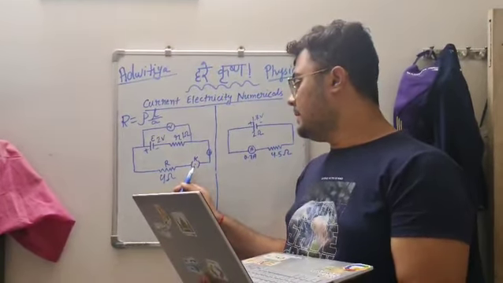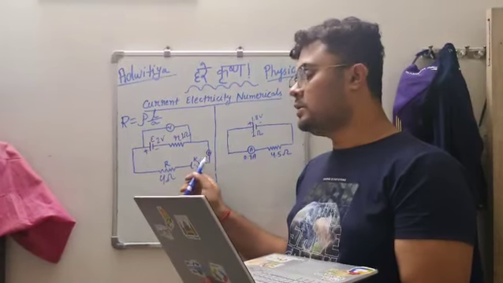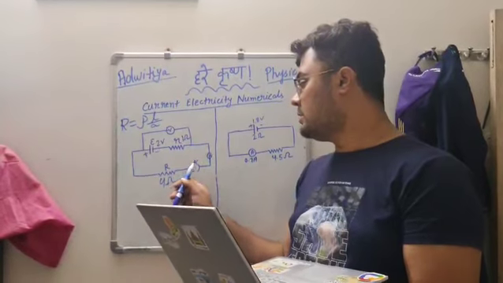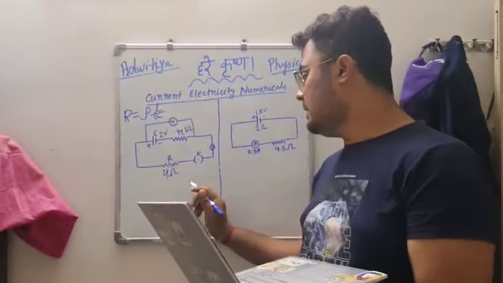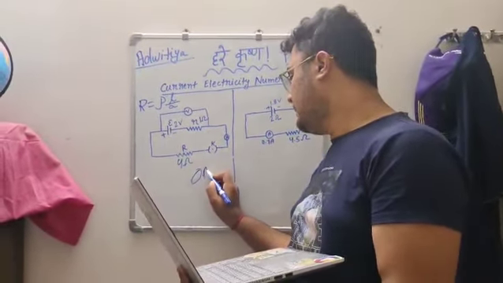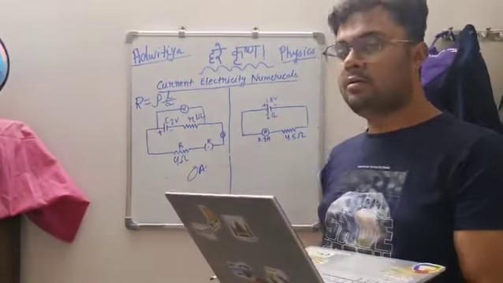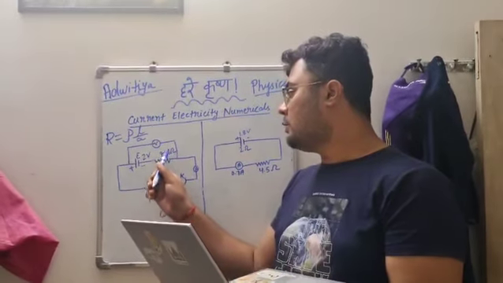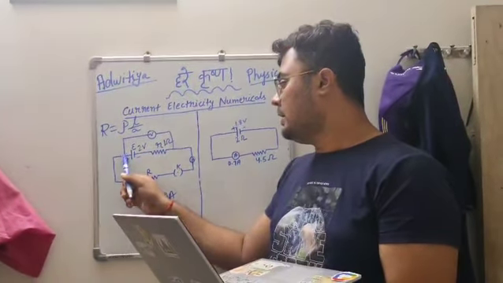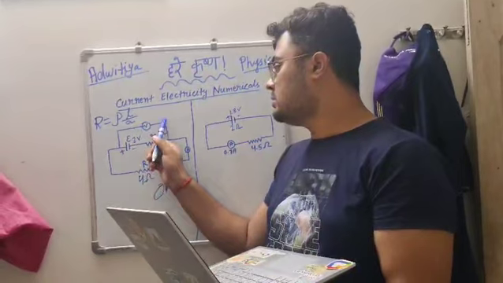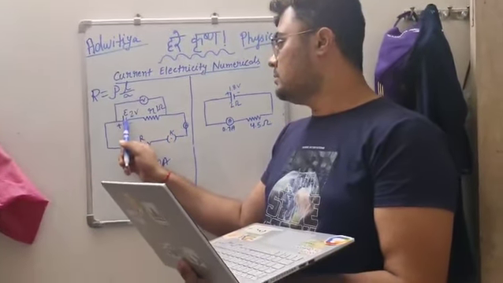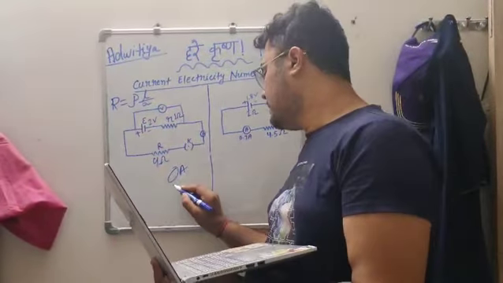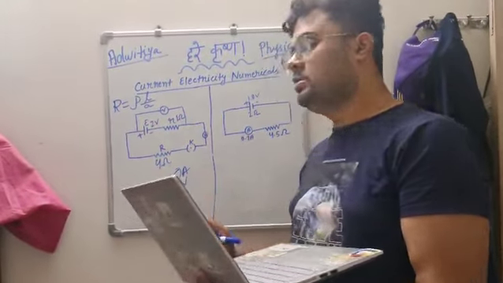When the key is open, no current is flowing through the circuit, so the ammeter reading will be 0 ampere. The voltage across this path is 2 volt, so the voltmeter reading will be 2 volt.